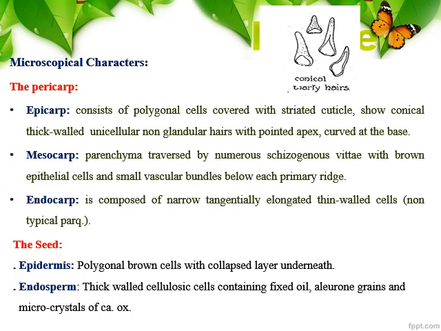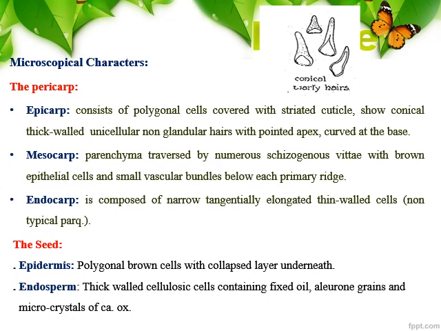For the microscopical characters, the epicarp consists of polygonal cells as in fennel, but here it is covered with a striated cuticle and bears conical thick-walled unicellular non-glandular hairs with pointed apexes, curved at the base, and also some anomocytic stomata. The mesocarp is parenchyma traversed by numerous schizogenous vittae with brown epithelial cells, and a small vascular bundle below each primary ridge.